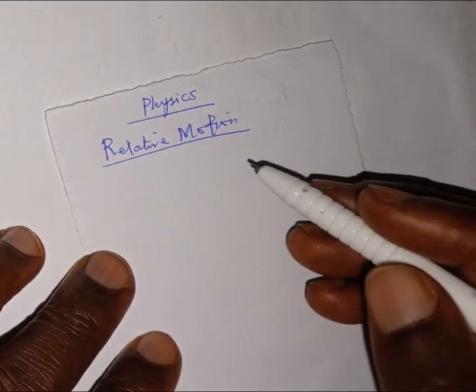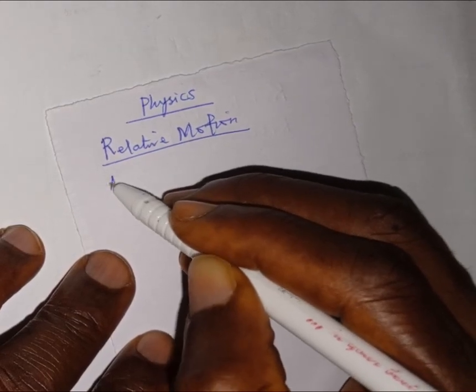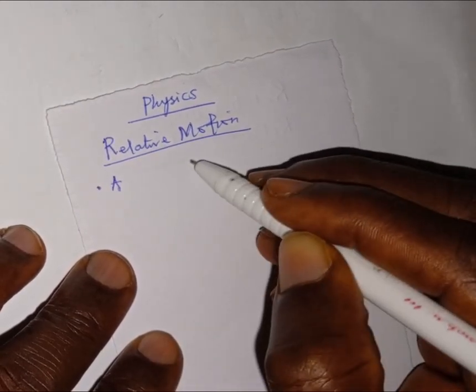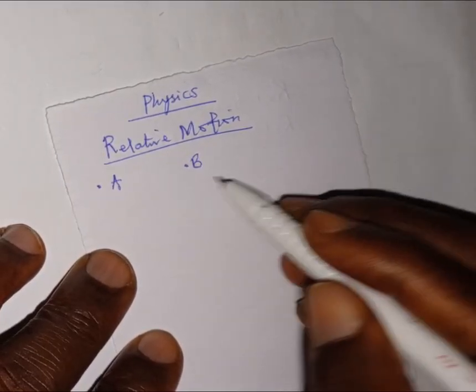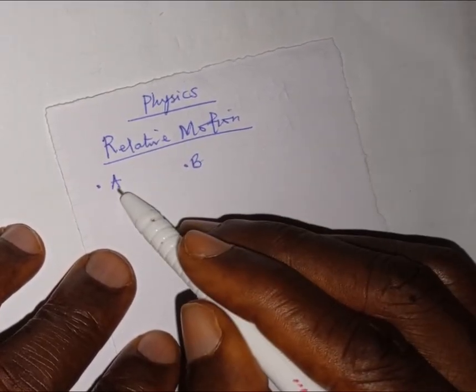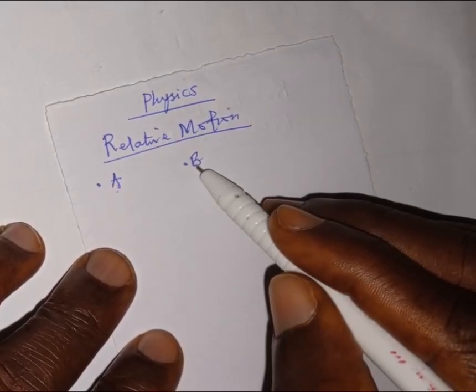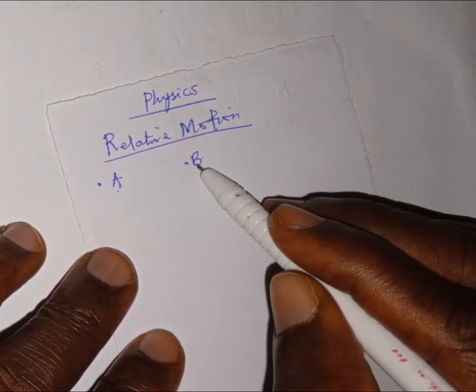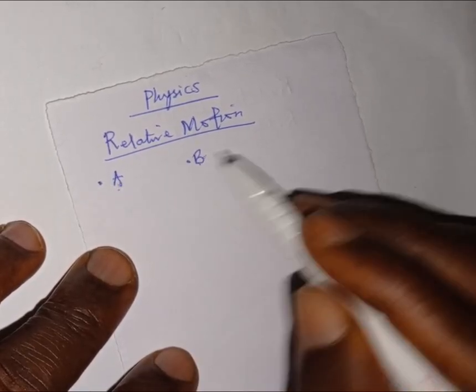The motion could be that of two bodies, body A and body B. It could be that one is in motion already and the other is static, or both bodies are in motion.